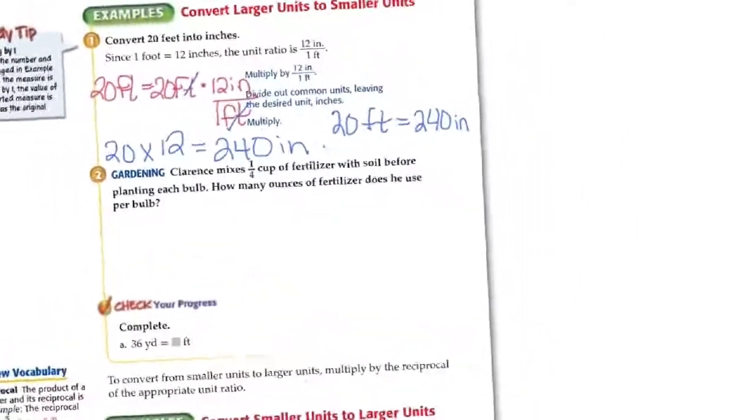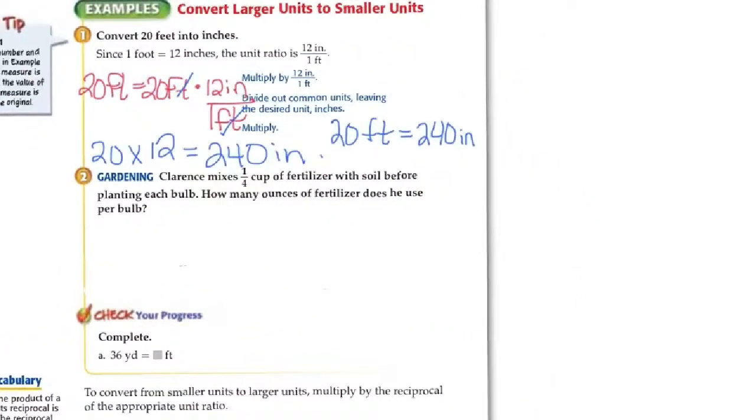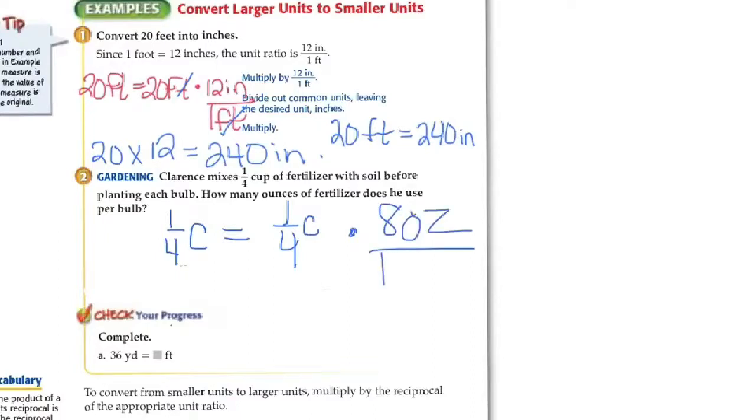Let's try another one. Okay, Clarence mixes 1/4 a cup of fertilizer with soil before planting each bulb. How many ounces of fertilizer does he use per bulb? Okay, so in this case, we need to know how many ounces there are in a cup. From our table, we know that 8 ounces are in 1 cup. So we would say 1/4 cup equals 1/4 cup times our unit ratio of 8 ounces in 1 cup.